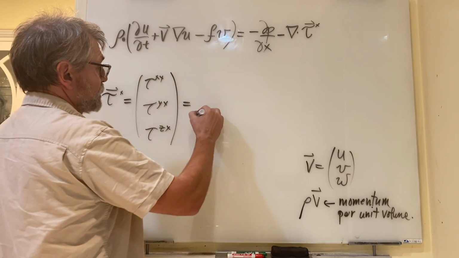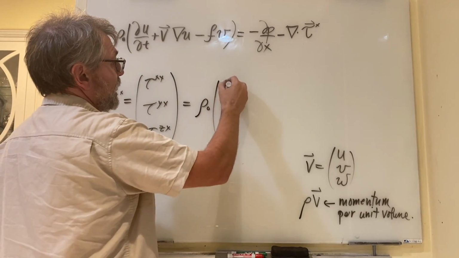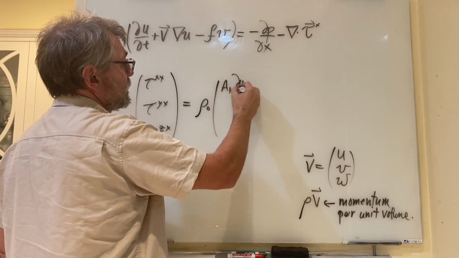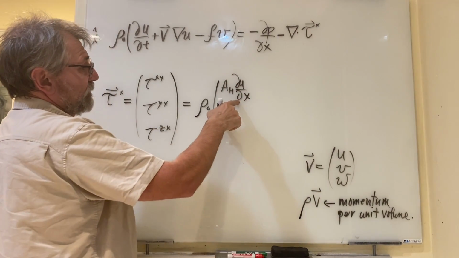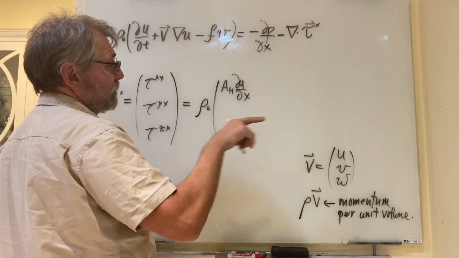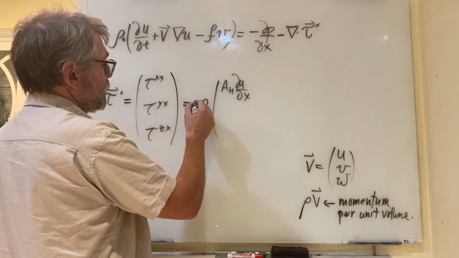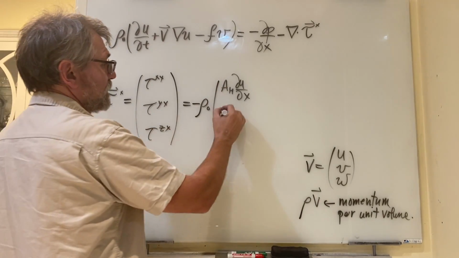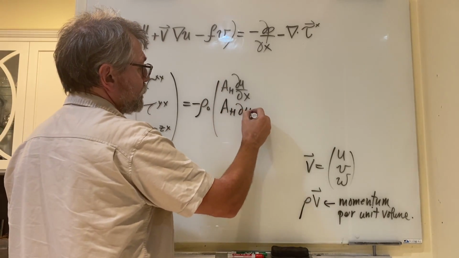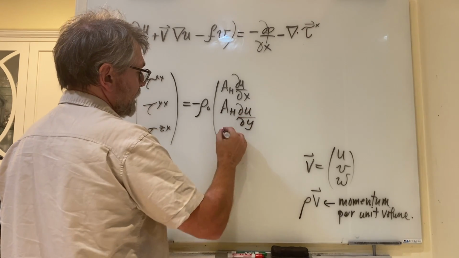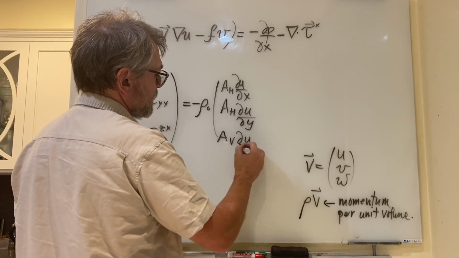So we will write it like this, minus rho naught times AH du dx. Right, if there's a gradient in the x direction of eastward momentum, then there will be a flux down the gradient, so we'll put a minus because it's down gradient. Then AH du dy and AV du dz.